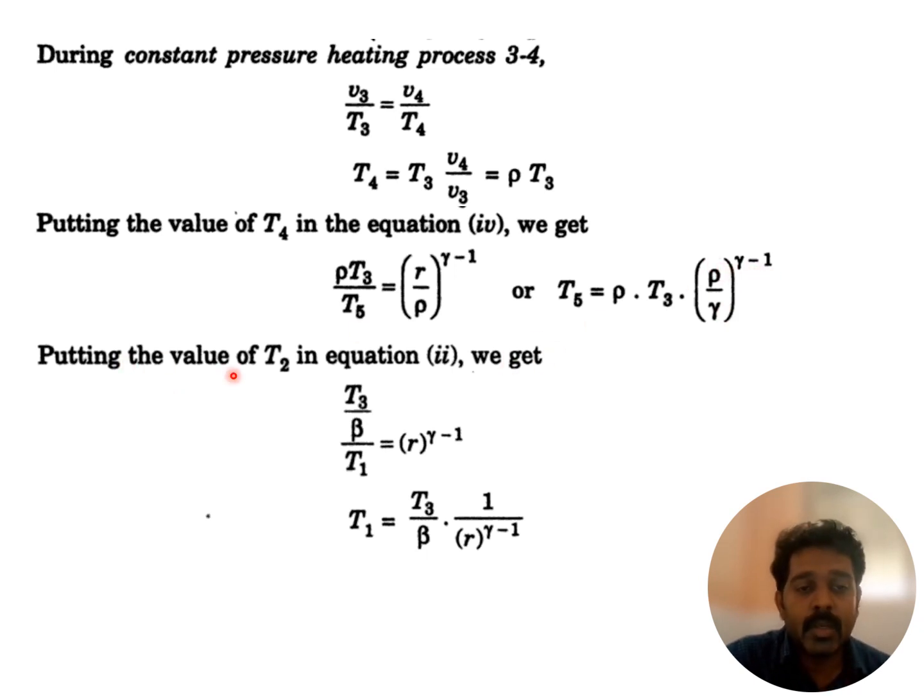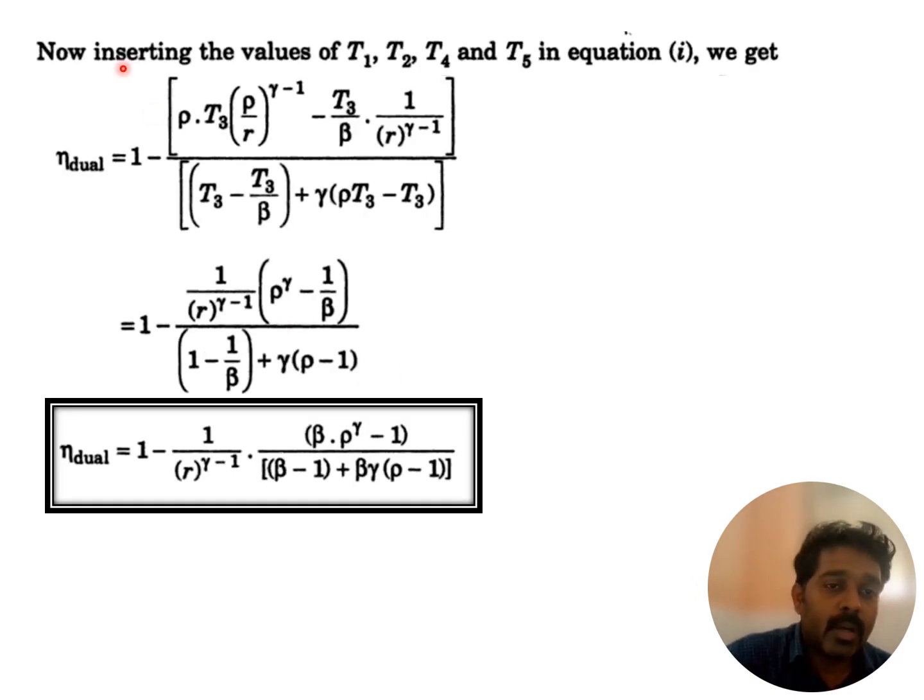Then put this value of T2 in this equation 2, we get T3 divided by beta divided by T1 equal to r power gamma minus 1. So here we take T1 equal to T3 divided by beta into 1 divided by r power gamma minus 1, right? Then now put the values of T1, T2, T4 and T5 in equation number 1, right?